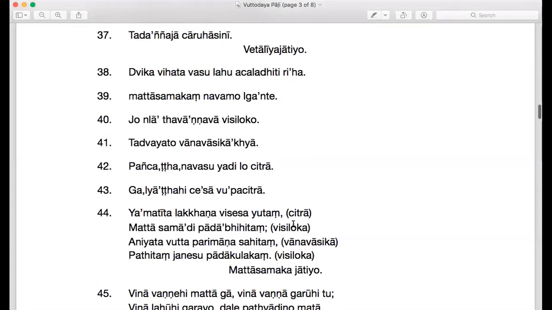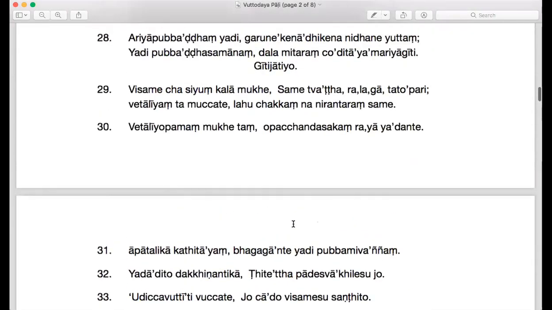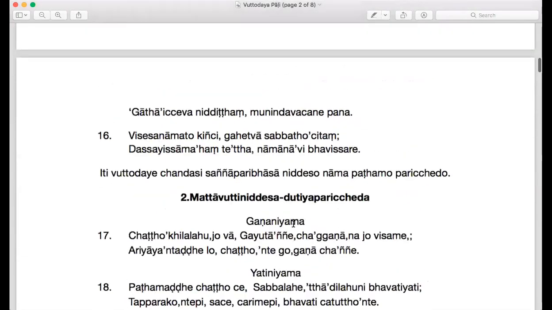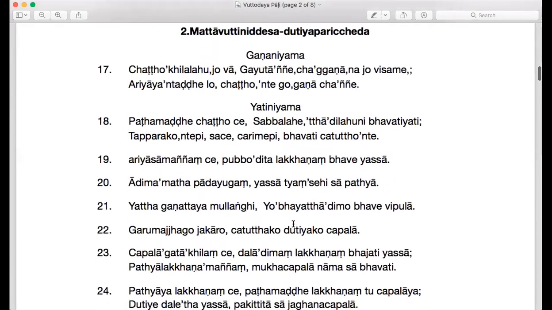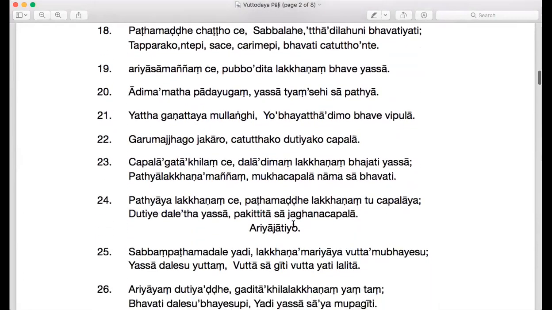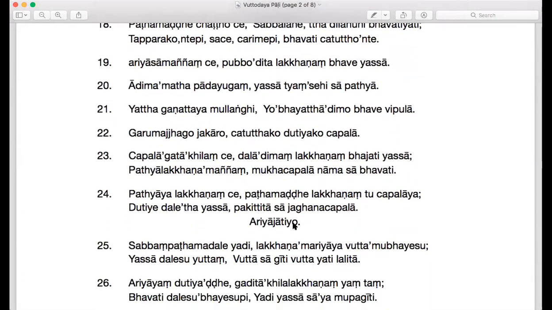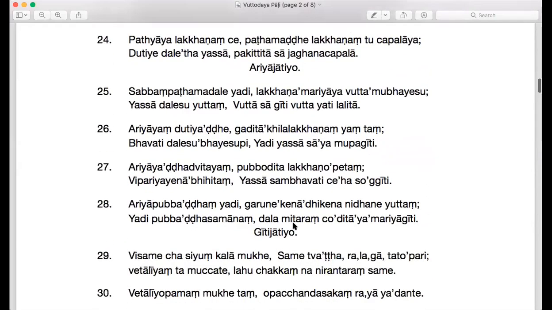Here is the Vuttodaya text. We are in the second chapter, Mattavutti Niddesa, and in that chapter we finished Ariya Jati, the first section, and then Giti Jati also.